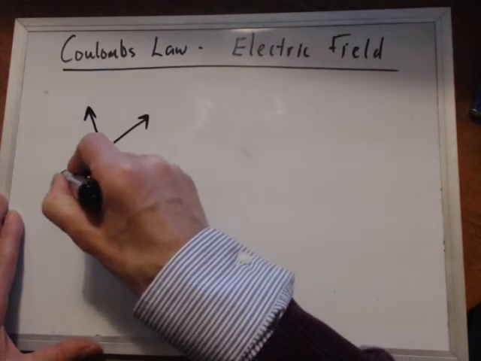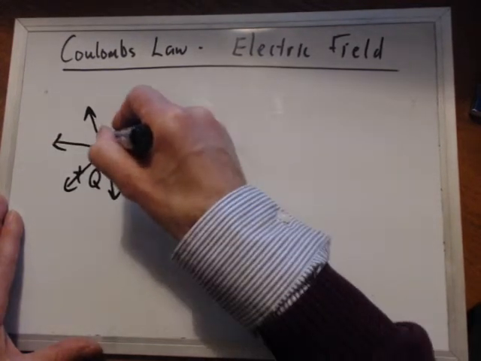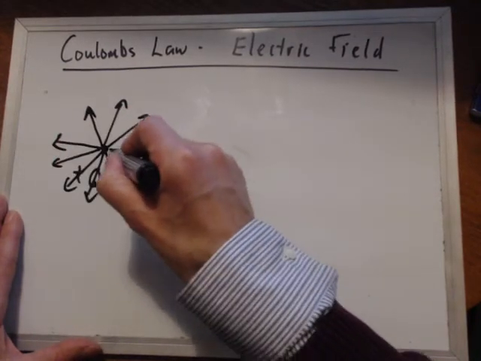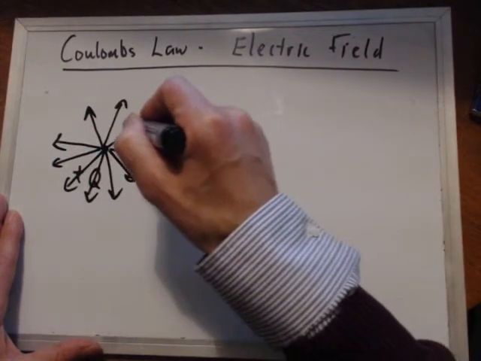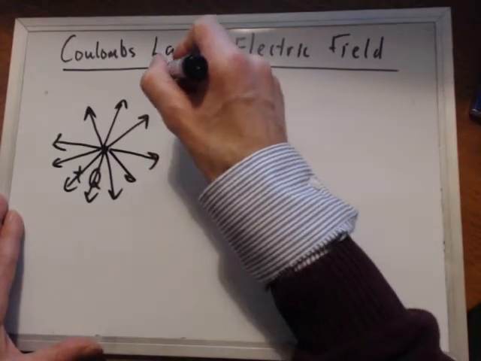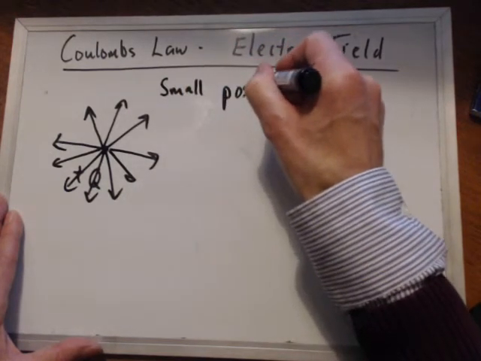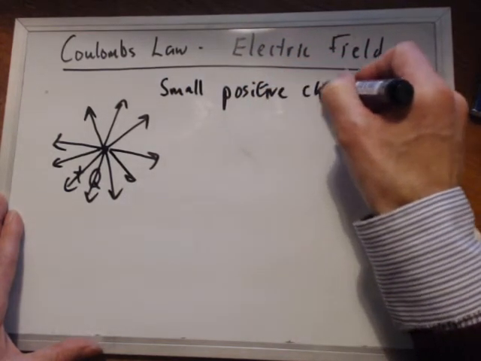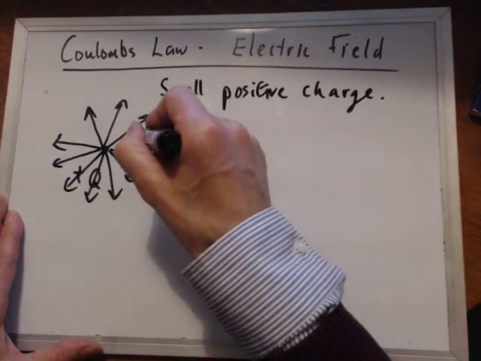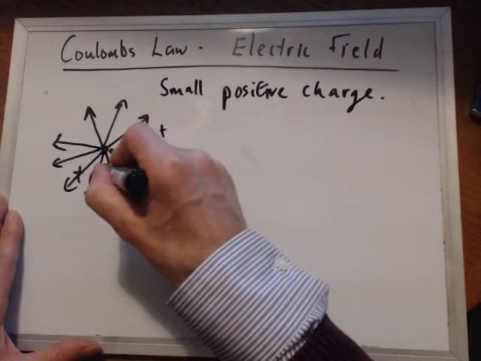Okay, so this is the electric field acting out radially. Now, if there happened to be a small positive charge, let's call that little q plus, and this one big Q plus.